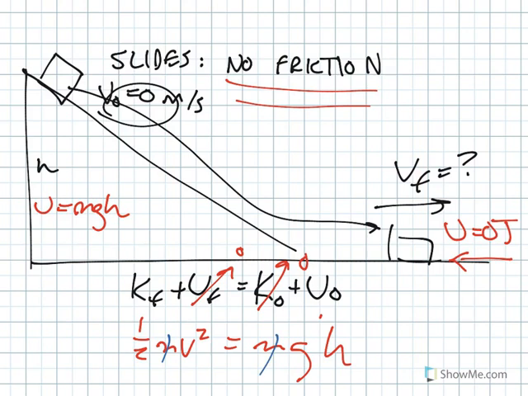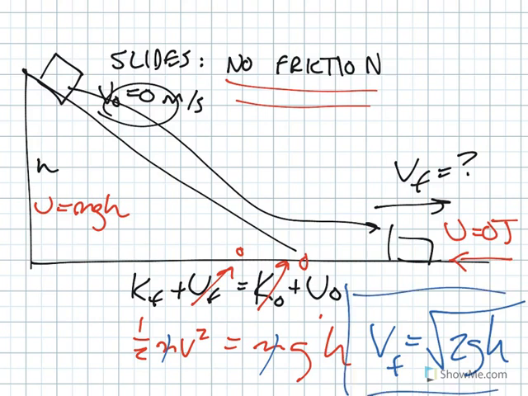When you solve this for v, we get that the final velocity at the bottom of the incline is, amazingly, the square root of 2gh. And so there you go. That's how you do the problem if there's no rolling taking place.